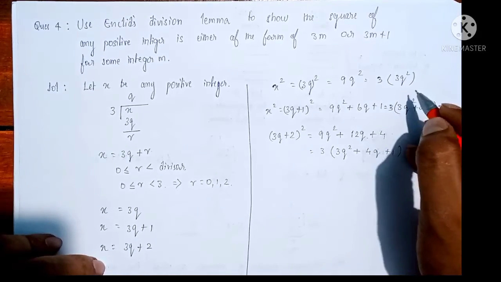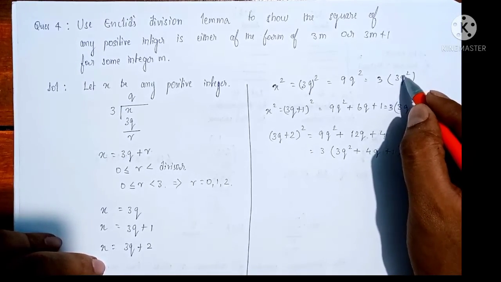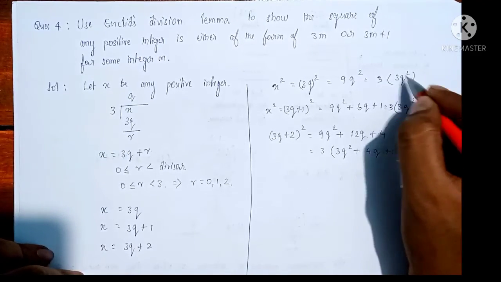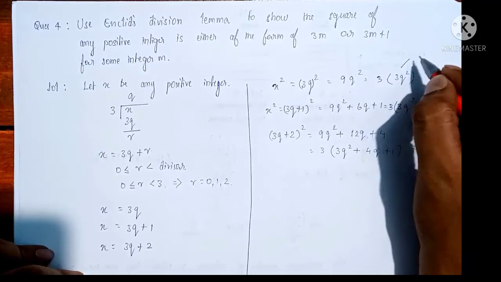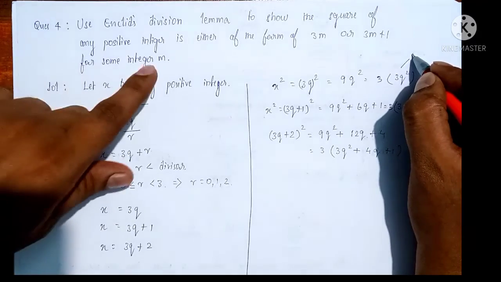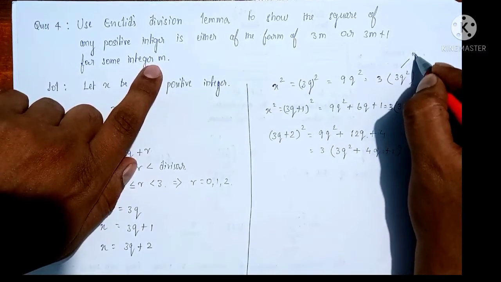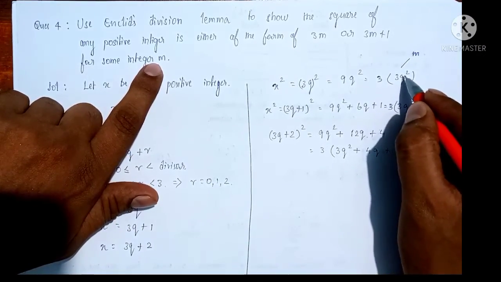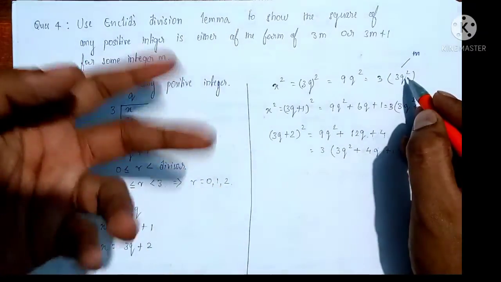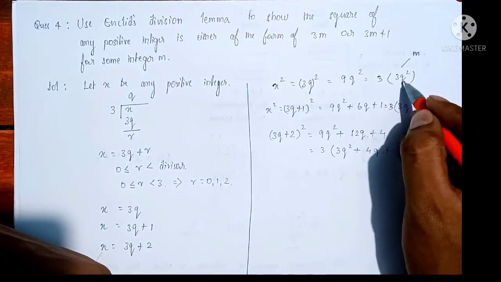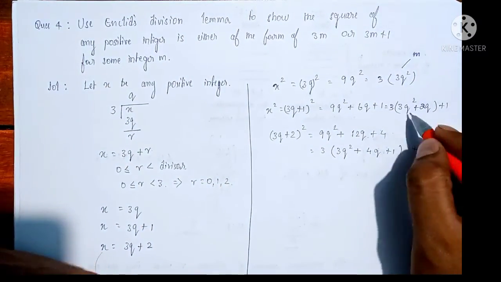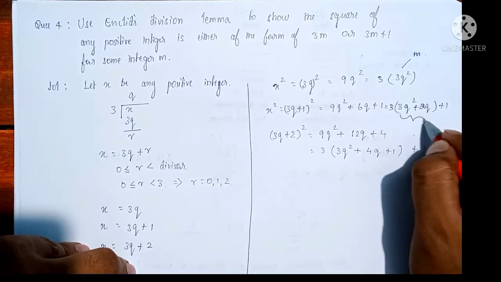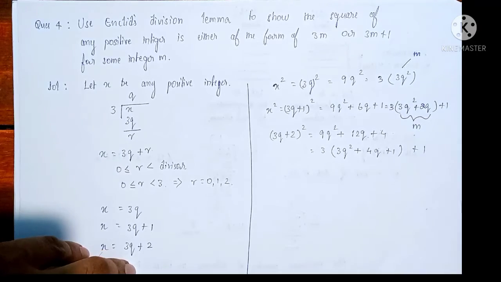Okay, now see, for any value of q, we will get this 3q square plus 2q as an integer. So we are considering it as any integer m. We don't know what the value of q can be, but any value of q will give an integer value. Same here, any value of q will give an integer, let it be m.